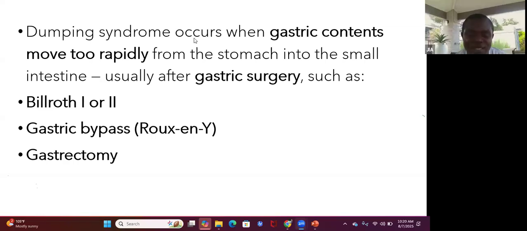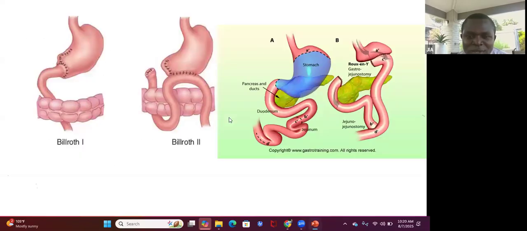Any other question? Okay, so let me explain these three here in a bit so that you'll appreciate what is going on.